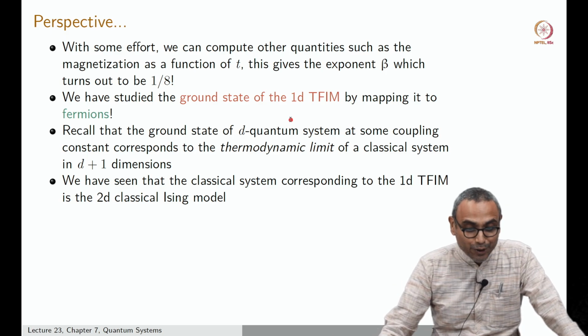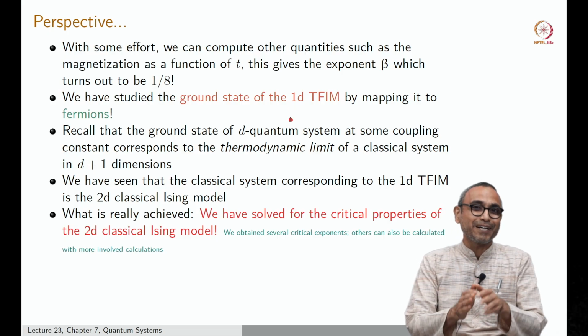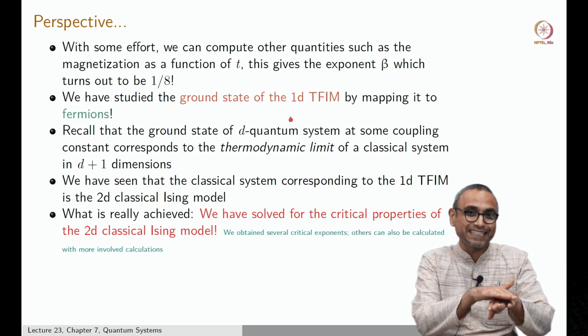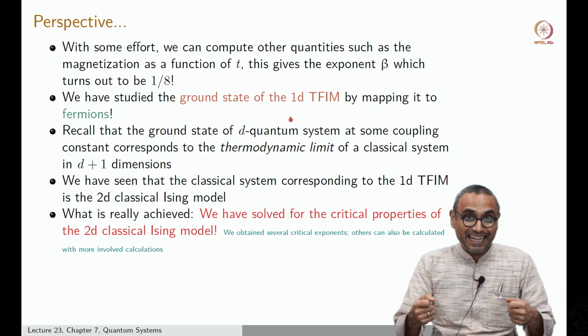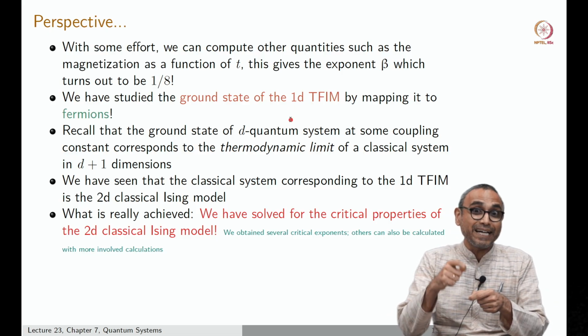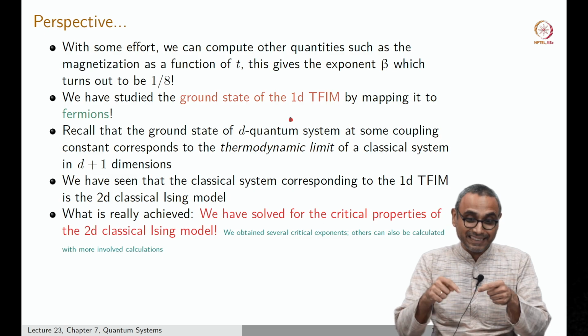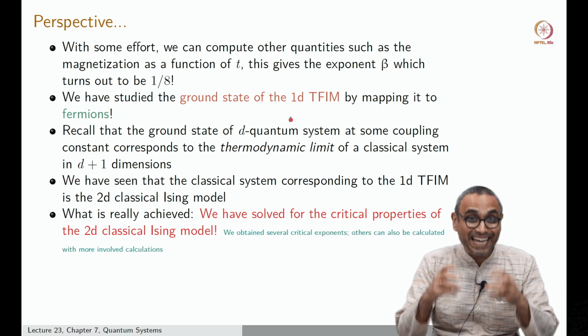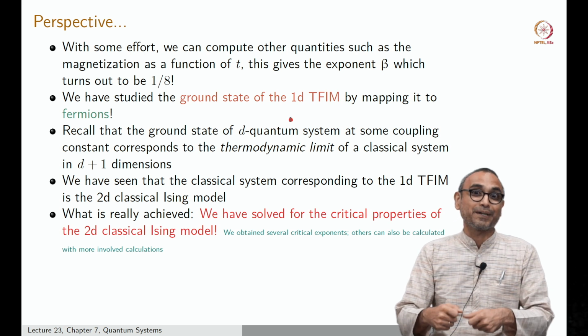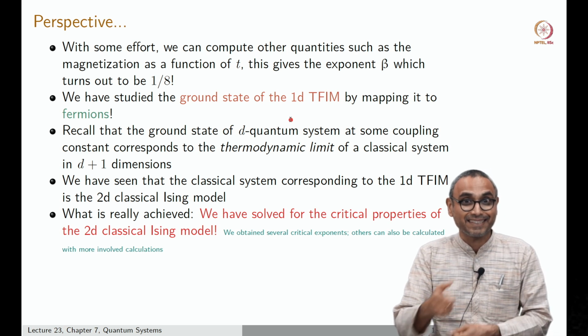So what I want to point out to you is that what we have done by finding the ground state of the TFIM is that the critical point that we have discovered here and the critical properties around that critical point are the same as the critical properties of the two-dimensional classical Ising model.